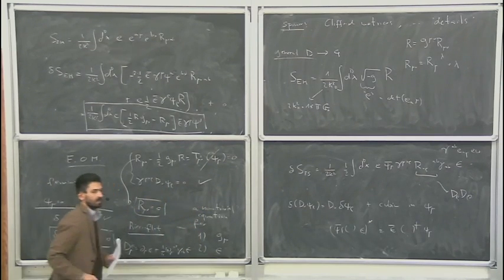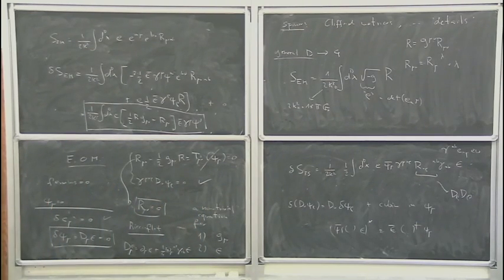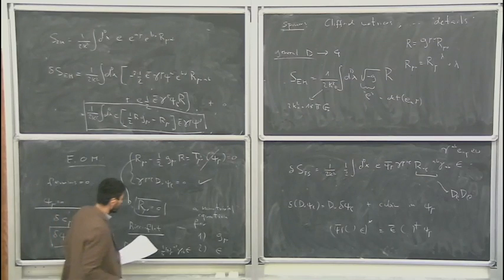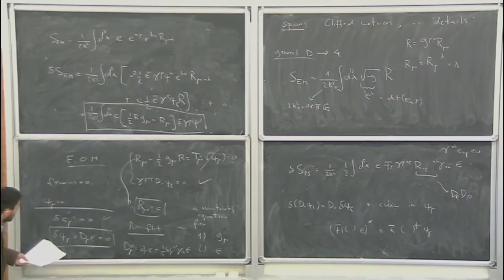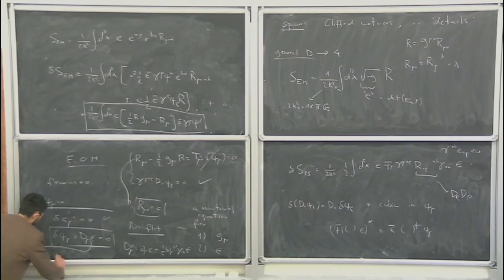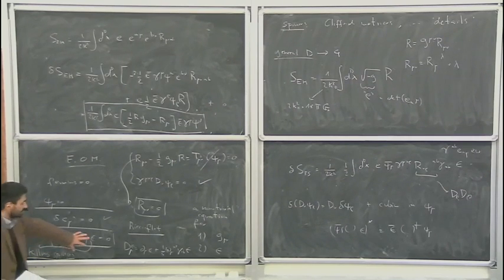Right? So spinorial parameters which obey this condition are called Killing spinors. And the equation itself is referred to as the Killing spinor equation.